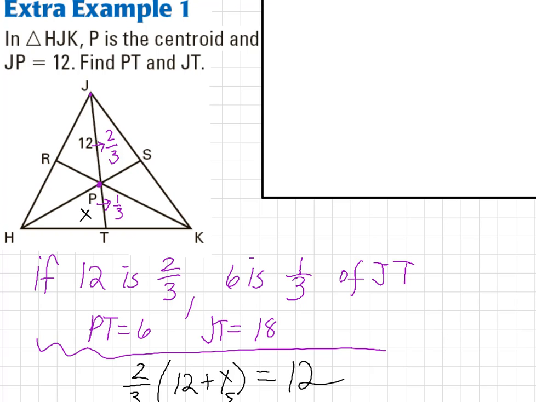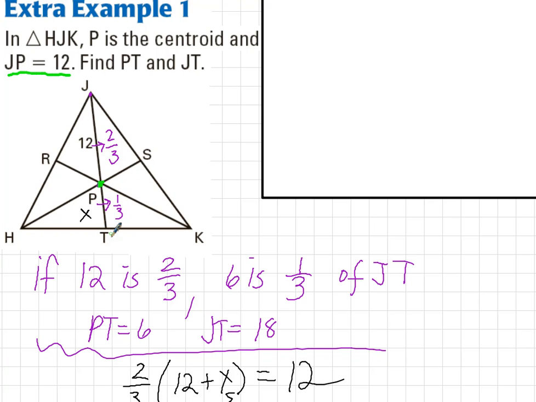Okay, on the next slide, let's go ahead and see if we can apply what we just learned about centroids and medians. What we have drawn here is a triangle, and we have three medians drawn, and they're intersecting at point P in this circle, right there. It says in triangle HJK, P is the centroid, and the length of segment JP is 12.